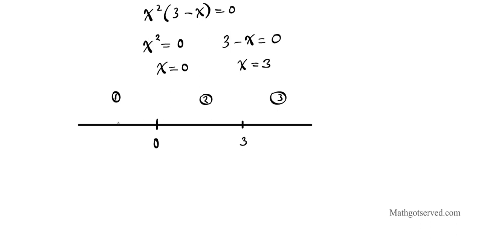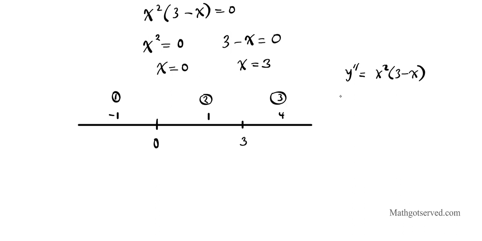Anything less than 0, let's use -1 for this region. Let's use 1 for here, and then let's use 4 for here. So we're looking for the change in y double prime. Y double prime equals, I like to use a factored form, x squared times 3 minus x. Remember, all we care about is the sign.